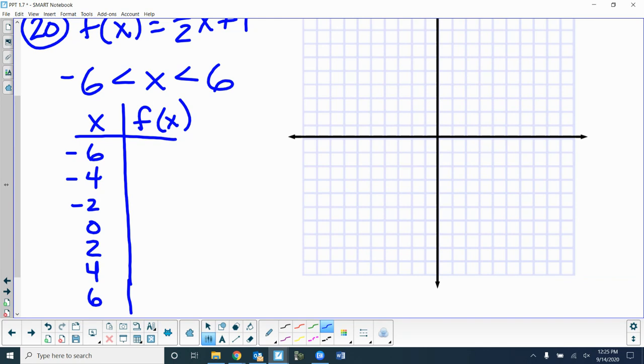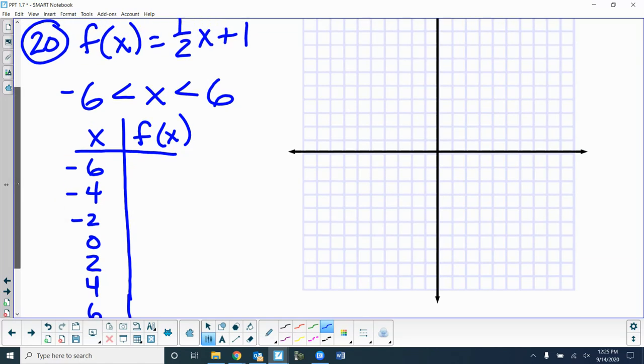Okay? So when you're picking, if you have to graph, we can always do an XY table to graph. Any equation you're given, you should be able to do, just making an XY table. But when you pick X values, pick values that are easy for you to use. Does that make sense? Okay. So, -6, half of that is -3, plus 1 would be -2.